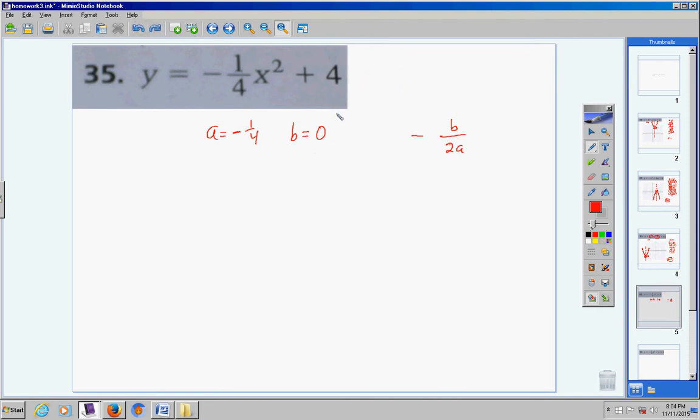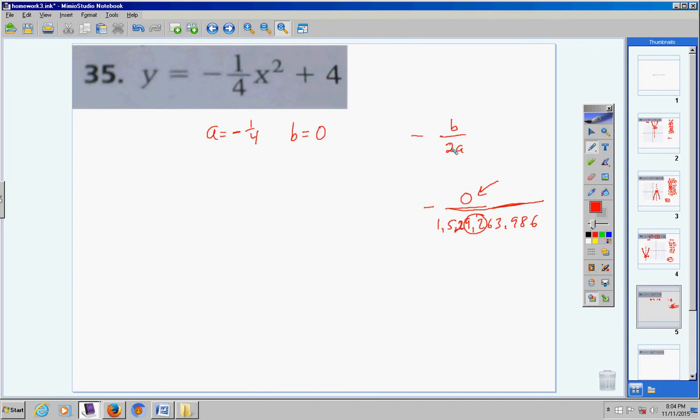Now, I really don't care what the bottom's going to be. As soon as I realize my top is 0, I don't care if this number down here is 1,529,263.986. Okay? It doesn't matter. If the top of a fraction is 0, the whole fraction becomes 0, unless the bottom was also 0, and then you get into infinity and stuff like that.